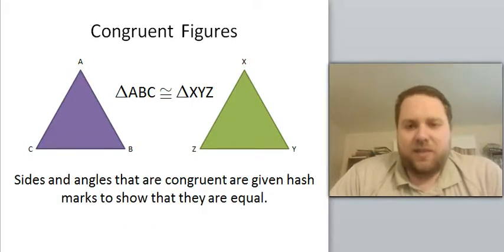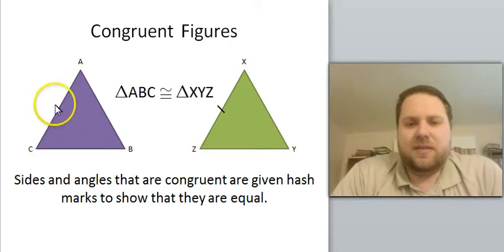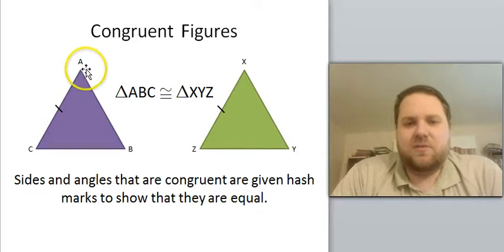Another thing is that when we have these two congruent figures, we've talked about the fact that they're congruent, and we want to have a drawing that goes with this. We use what are called hash marks to show that they're equal in size. We've been doing this all along, but now we finally have a formal definition for it. So for instance, I might put a single mark on AC and on XZ to show that those are in fact going to be congruent to each other.